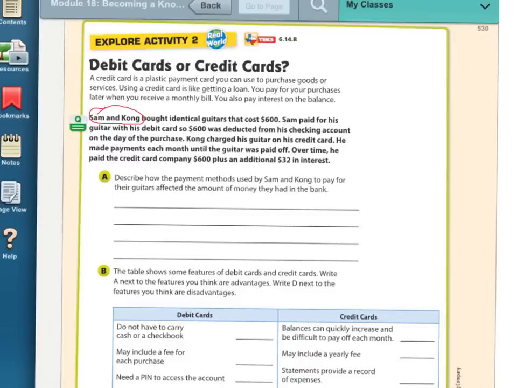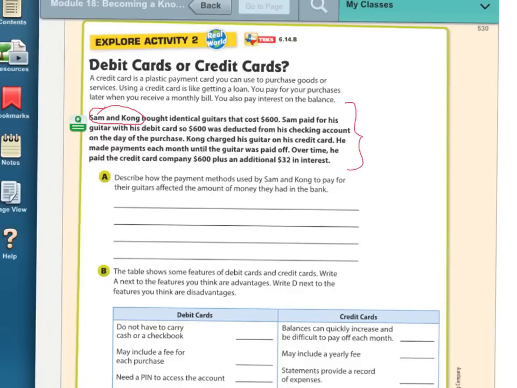He made payments each month until the guitar was paid off. Over time, he paid the credit card company $600, that was for the guitar, plus an additional $32 in interest. So that was like the fee that he had to pay for borrowing the money. Okay, so that's what that means.